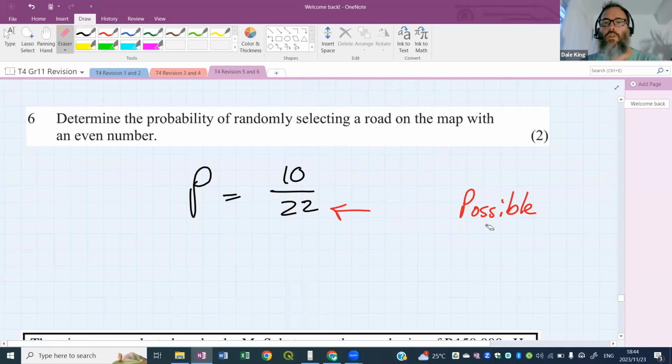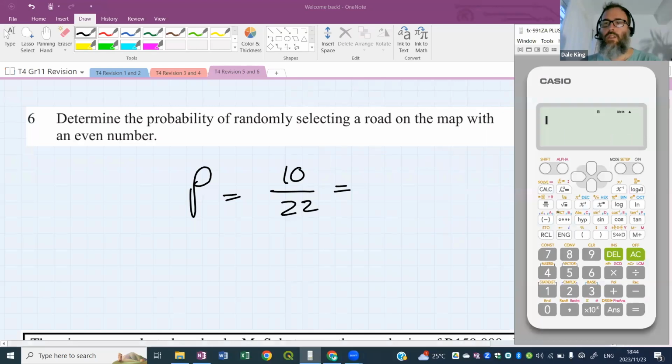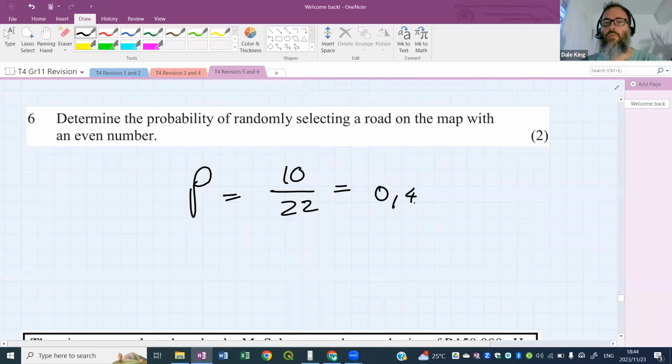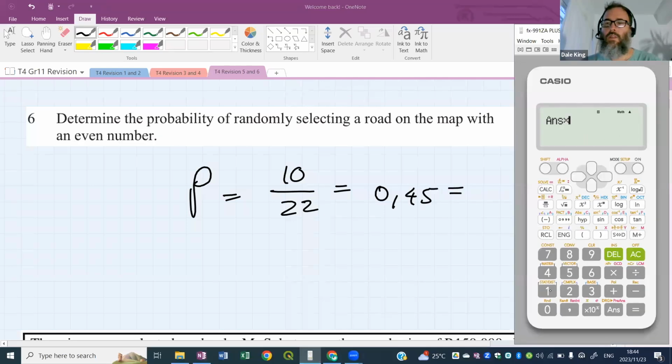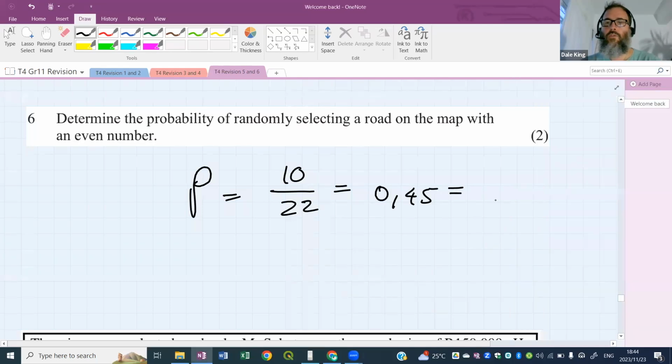If they say show it as a decimal to 2 decimal places, we just get our fraction out and we put it in there. Underneath, we put 22 and 0.45. So 0.45. Sometimes they say show it as a percentage. We'll take our decimal and times it by 100. And that's obviously 45.45%.